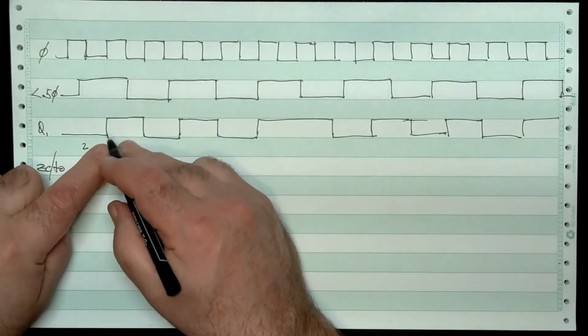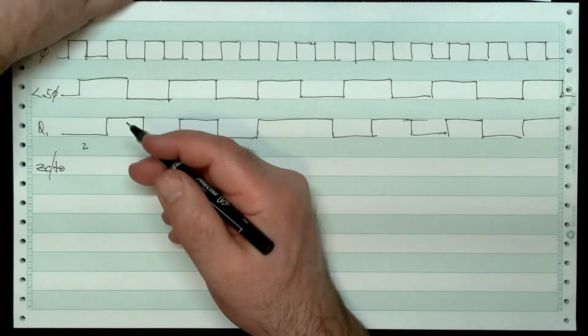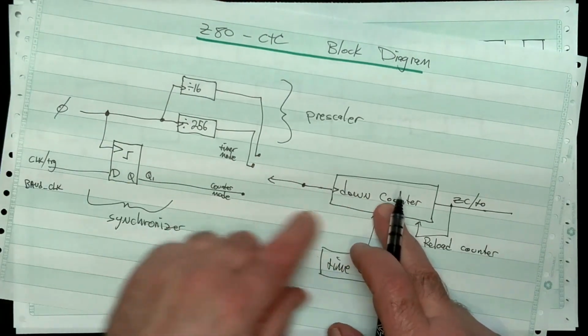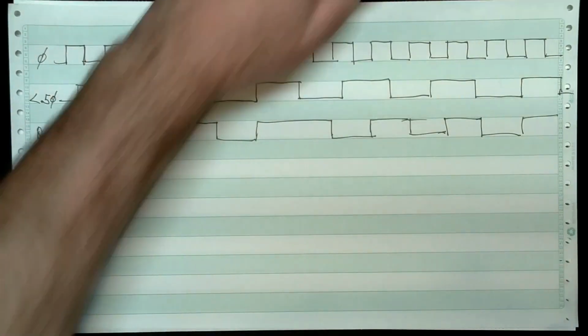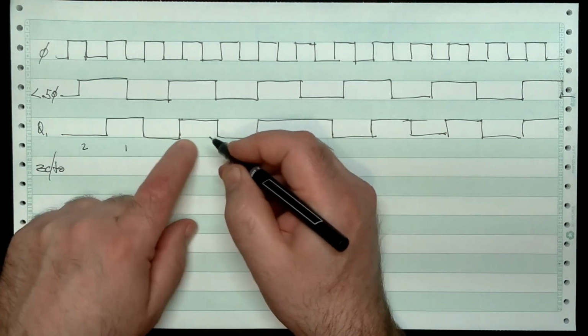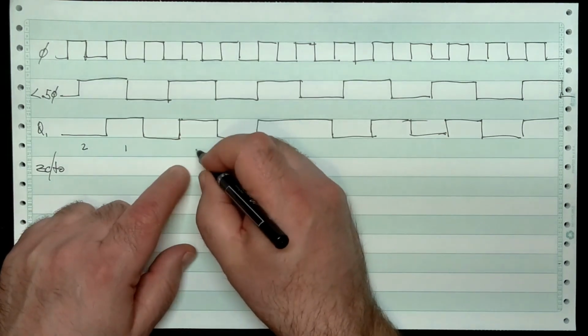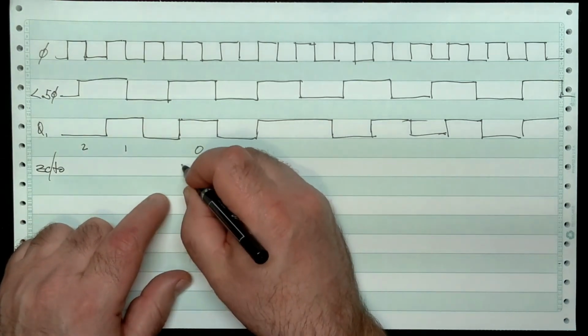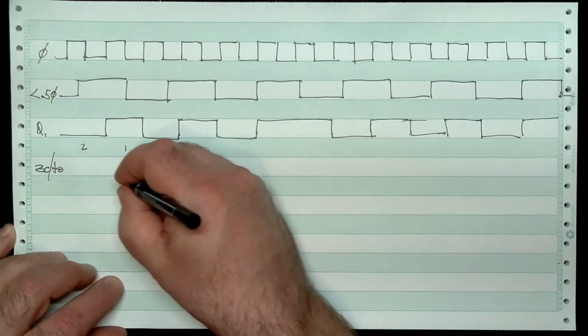There's an edge there on Q1, which comes from here, right? Q1, when we're in counter mode, is what causes this to tick down. Rising edge, he goes to a 1. Rising edge here, he goes to a 0, right? When he goes to a 0, this is going to tick up once, right?